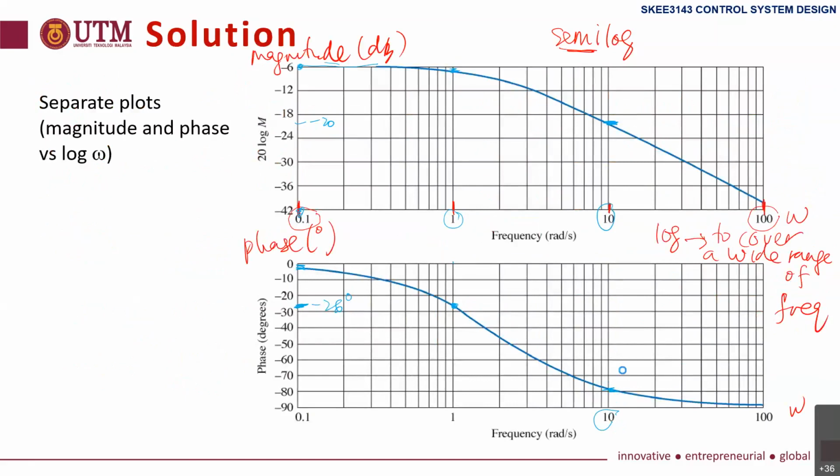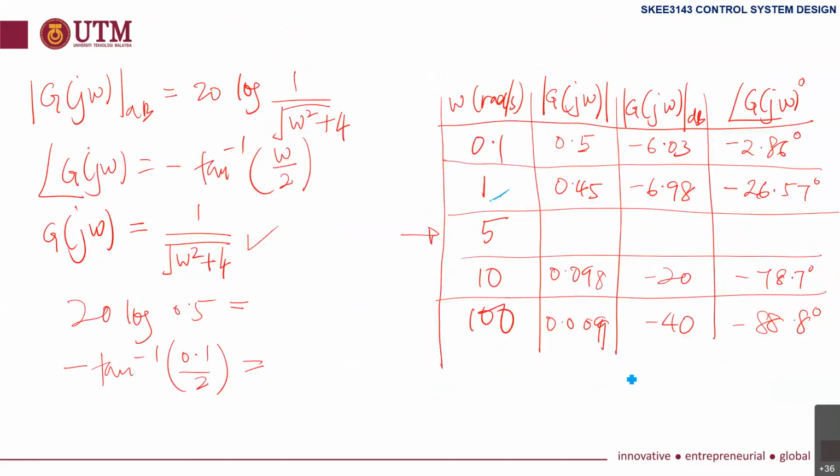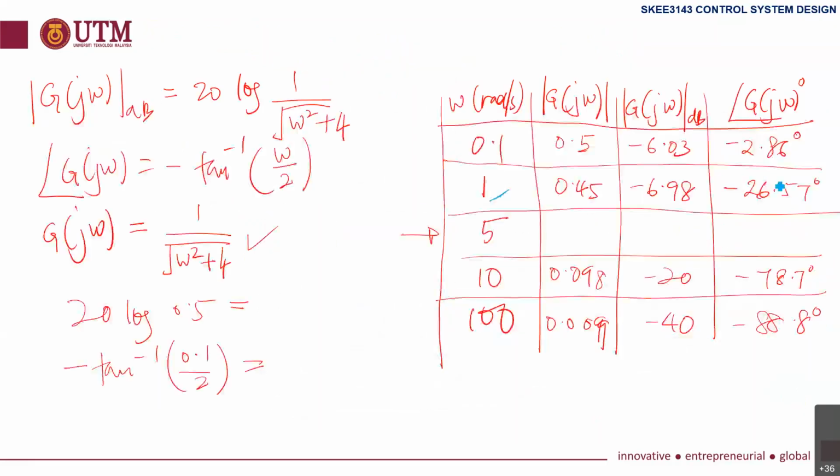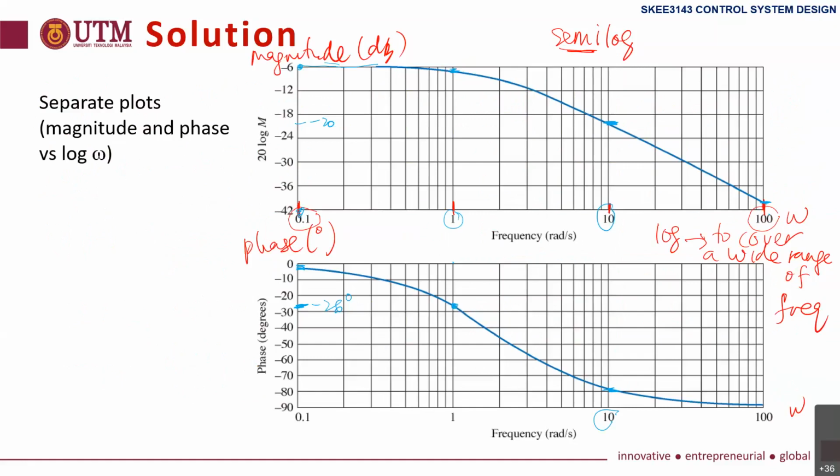And finally, 100 is -40 dB. At 100 here, the magnitude is -40 dB, and the phase is -88 or -89, nearly -90 degrees.